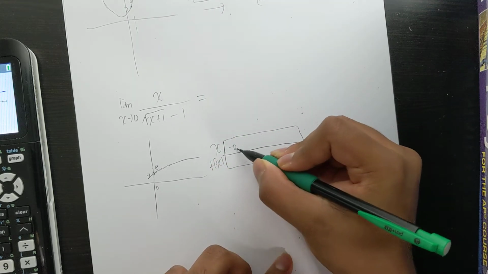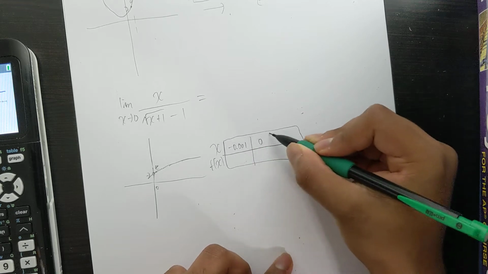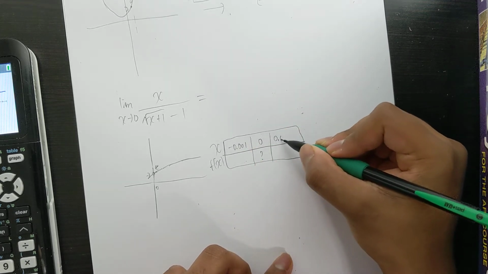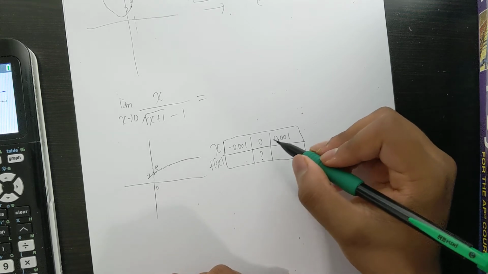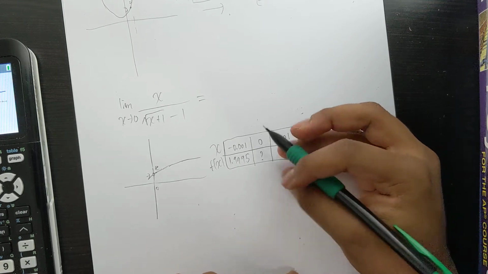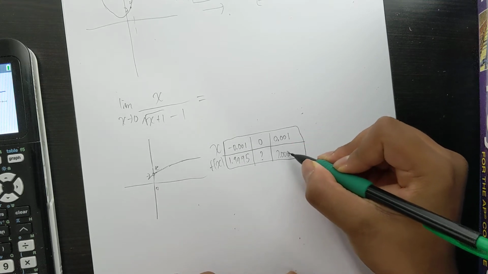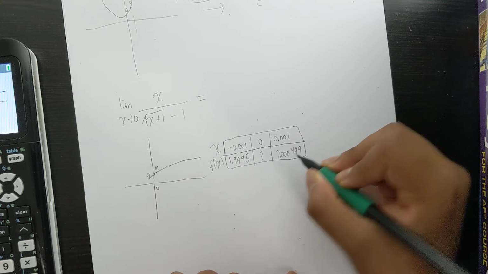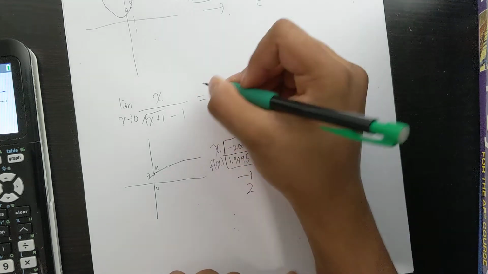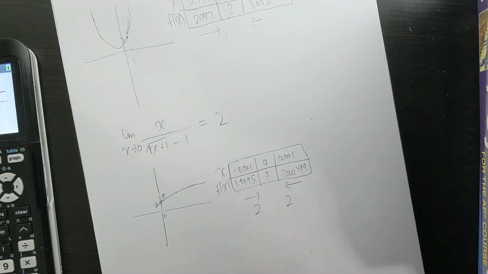We'll do negative 0.001, 0, which we know is undefined, but we're trying to find the limit, and then 0.001. Now I've already plugged these in. You get 1.995 and 2.000499. Now the left side approaches 2, the right side approaches 2. We know that the limit is 2.